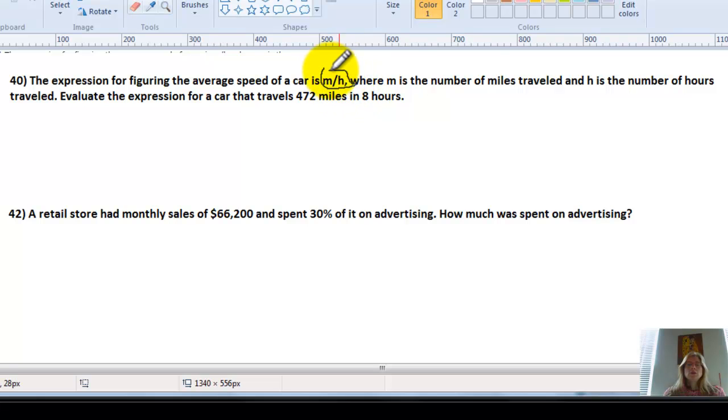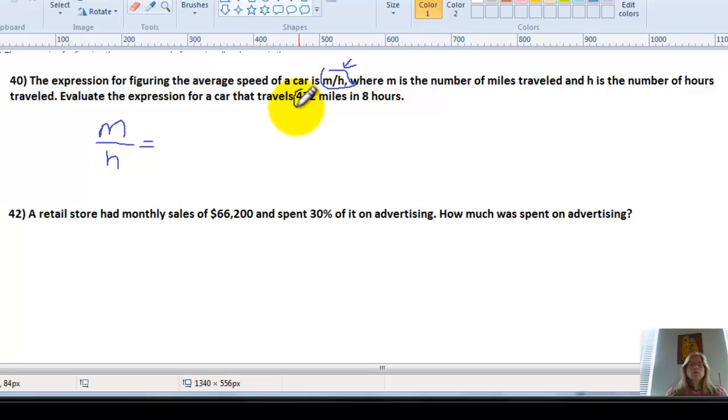Where M is the number of miles traveled and H is the number of hours. Evaluate the expression for a car that travels 472 miles in 8 hours. So really you're going to take this math expression, which is M divided by H, and you're going to put in the numbers indicated.